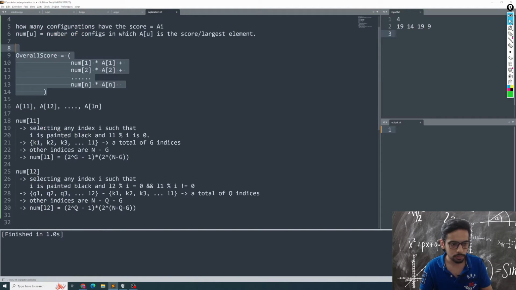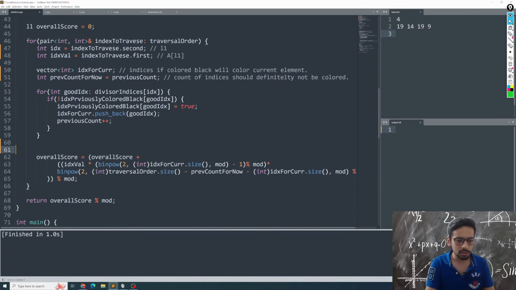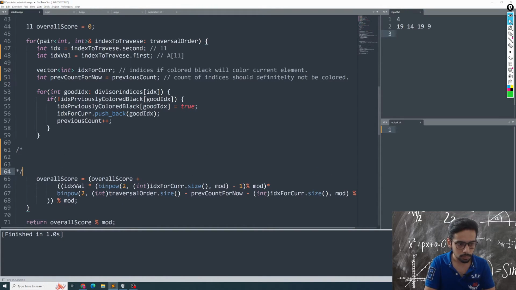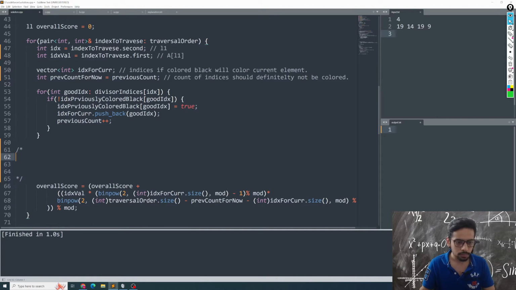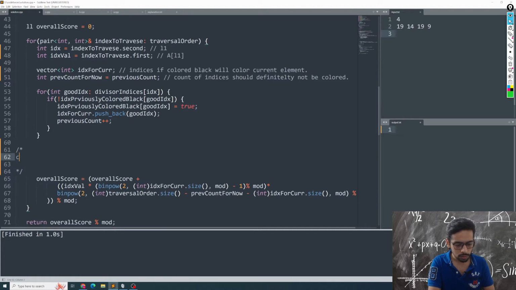This one. I'll try to explain it there as well. So what I'm doing is current number index val. So current value multiplied by 2 to the power the good indexes for this, and amongst the remaining take anything.